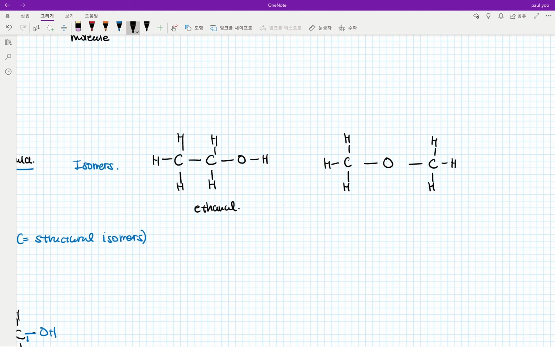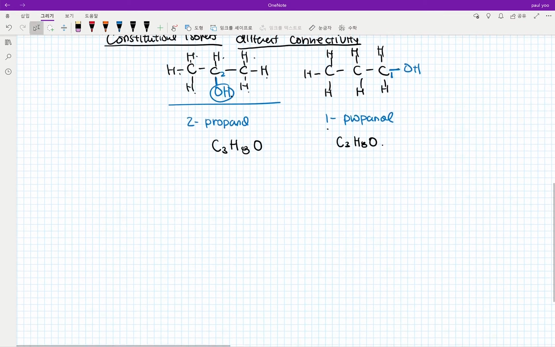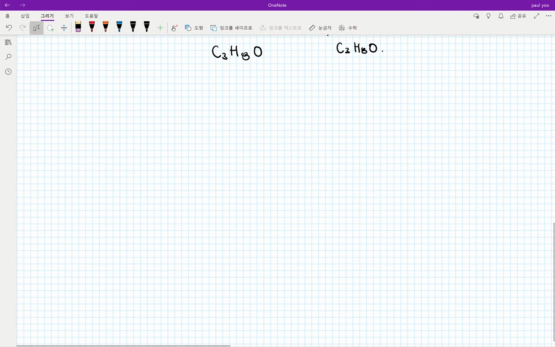So going back to our alkane examples, or I'm going to name it isomeric alkanes, we'll mainly talk about the butanes.